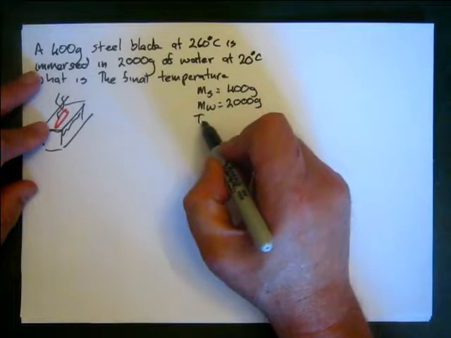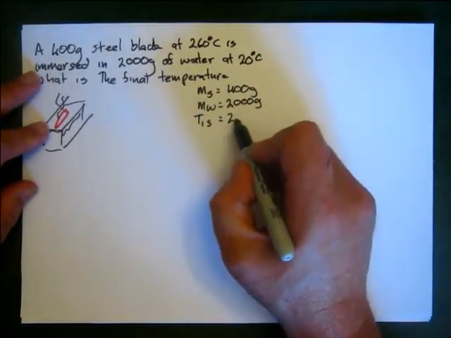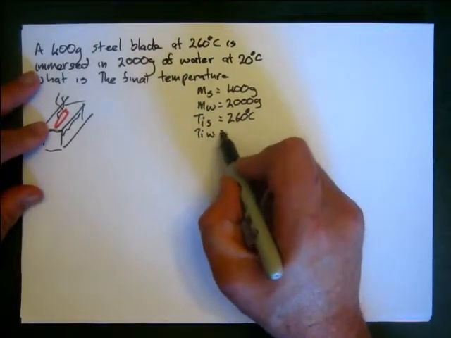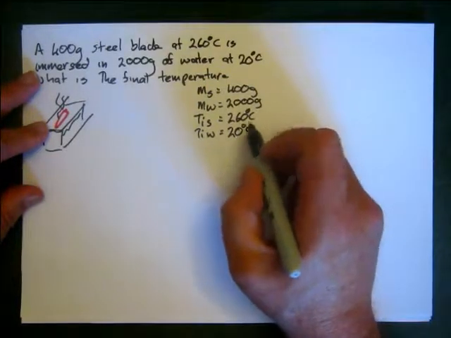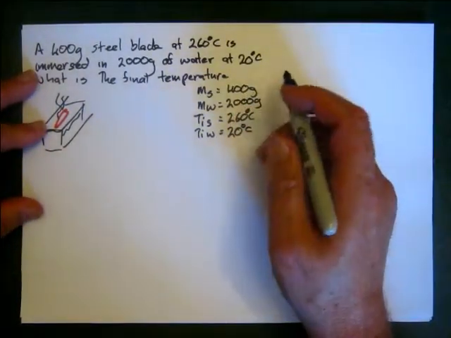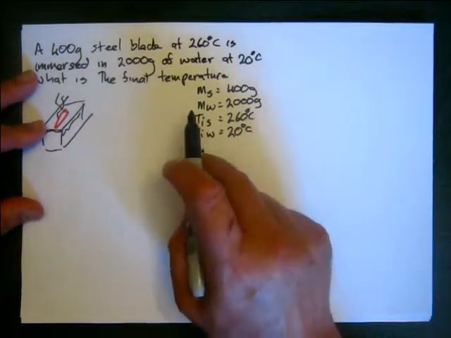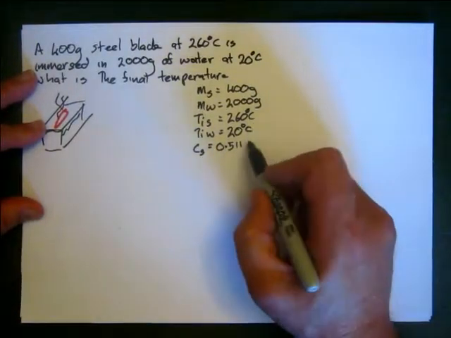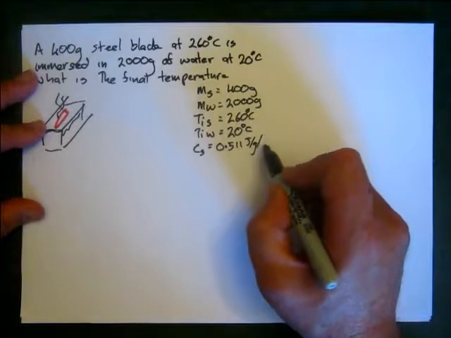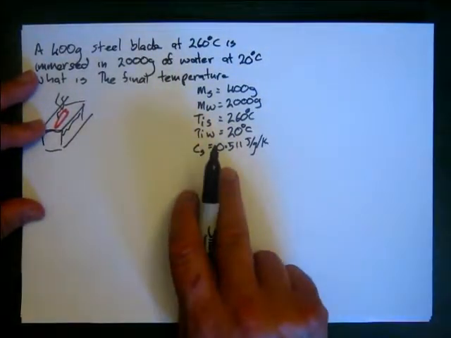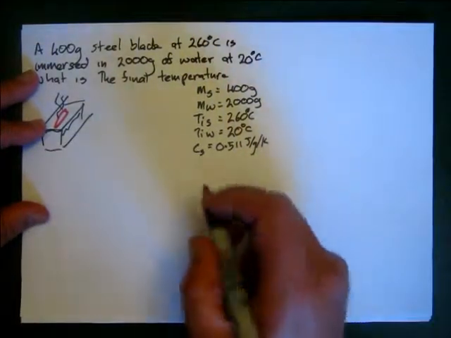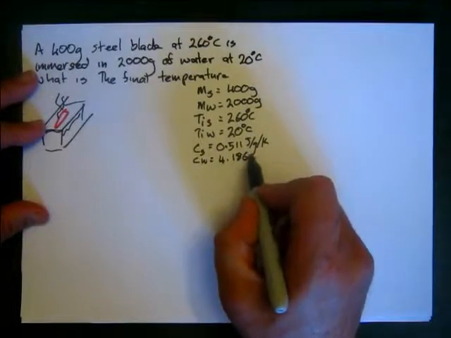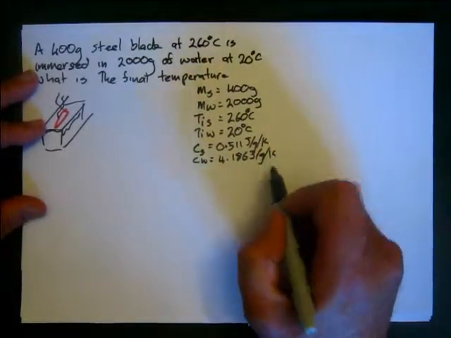We know the initial temperature of the steel is equal to 260 degrees C, and the initial temperature of the water is 20 degrees C. We can also look up C for steel, the specific heat of steel, which is 0.511 joules per gram per Kelvin, the same as 511 kilojoules per kilogram. We can also look it up for water. That's equal to 4.186 joules per gram per Kelvin.